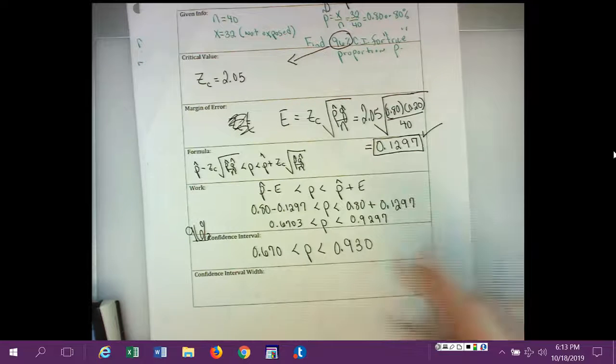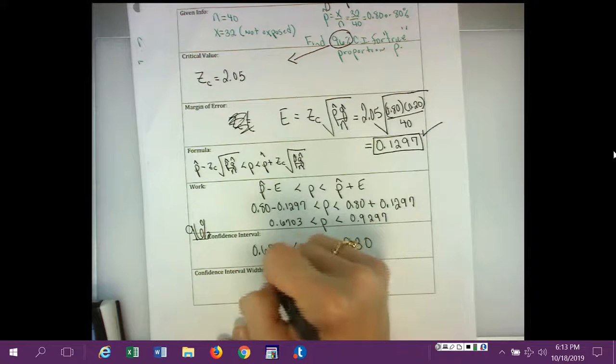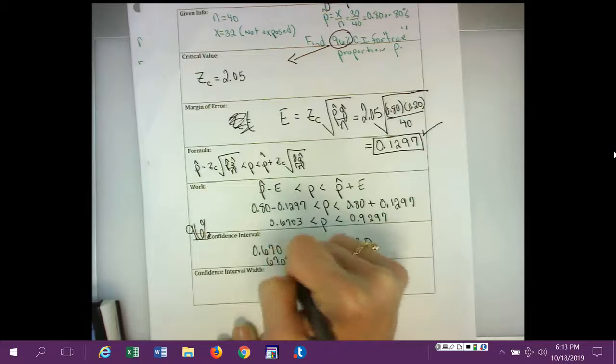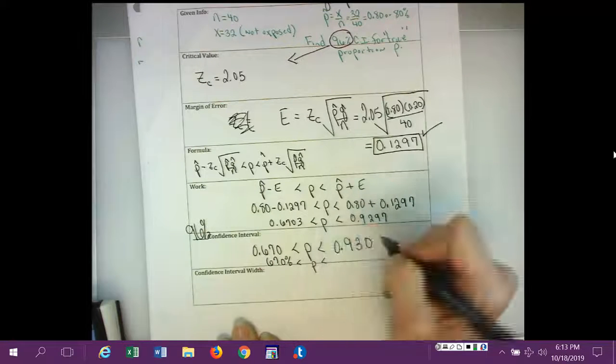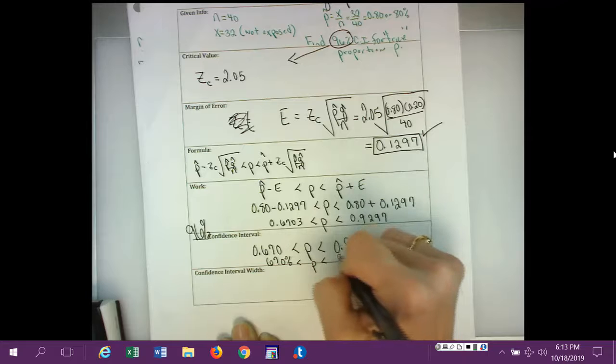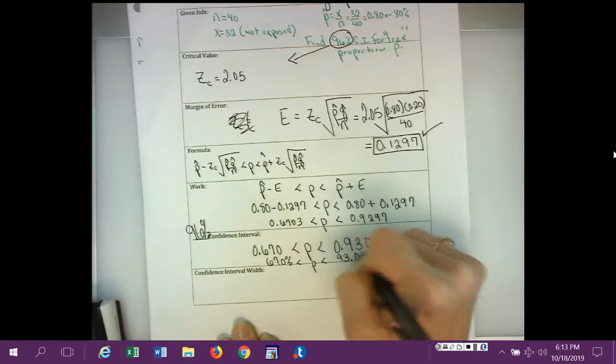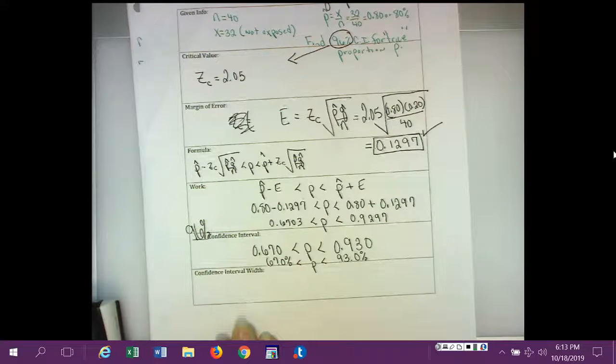You could also say that this is roughly between 67.0% and 93.0%, if you wanted to change it to percentage.